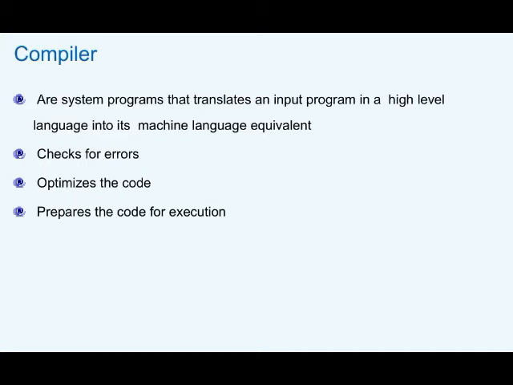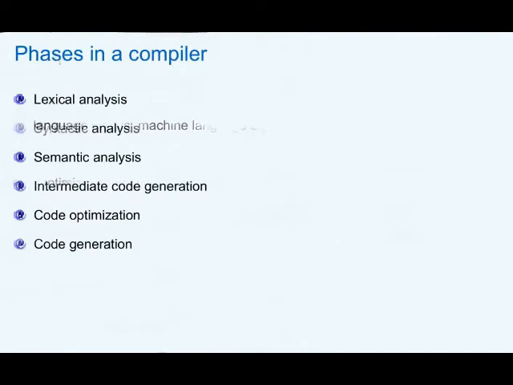For doing this, there are various phases in the compiler which do the work one by one: lexical analysis phase, syntactical analysis phase, semantic analysis phase, intermediate code generation phase, code optimization, and the code generation phase.